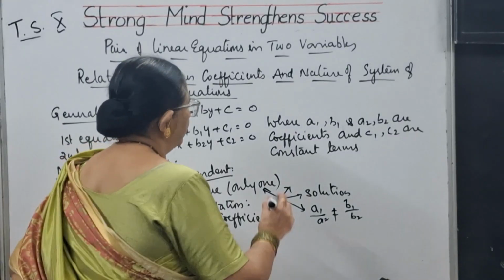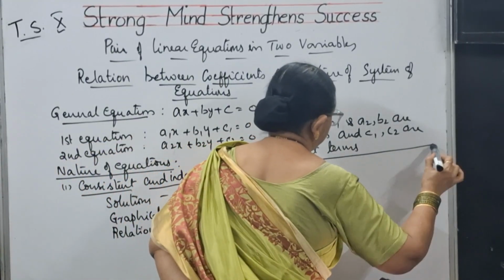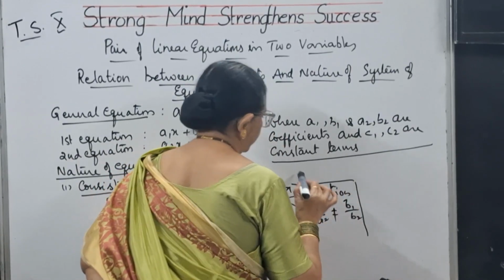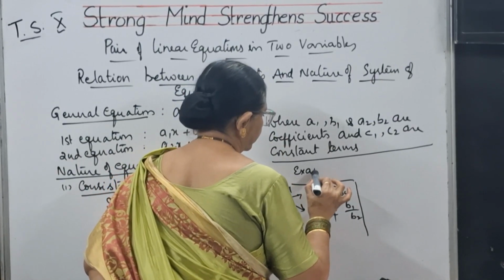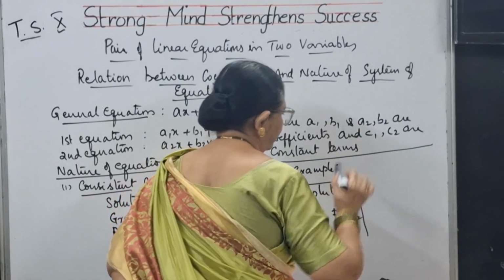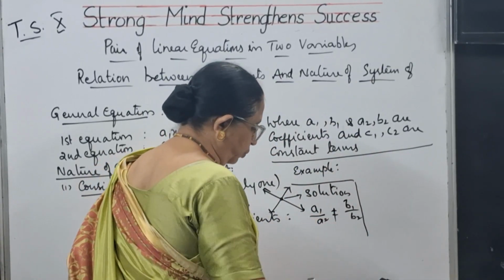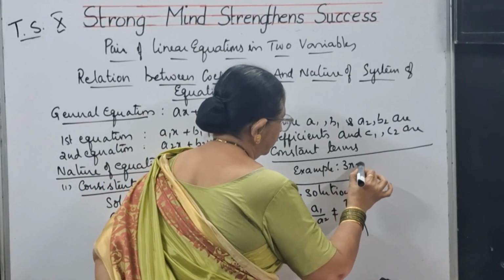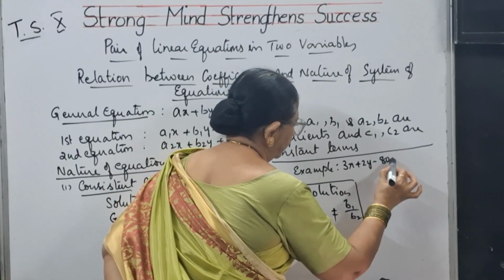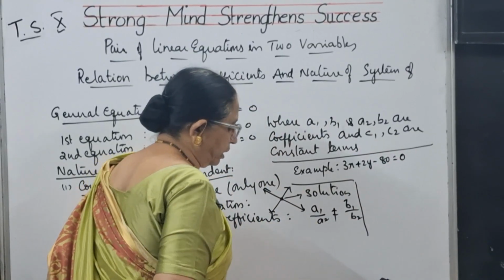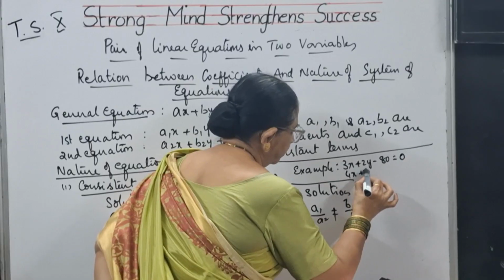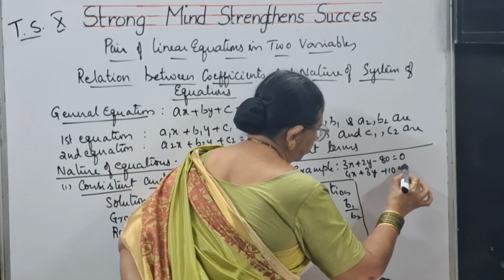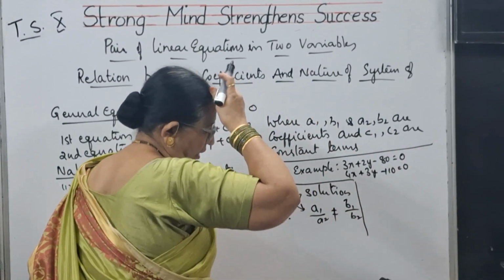So, if you want to take an example, let me take an example. I'll take two equations: 3x plus 2y minus 80 is equal to 0 is one equation, and 4x plus 3y minus 110 is equal to 0, this is what is given in your book also, is another equation, children.